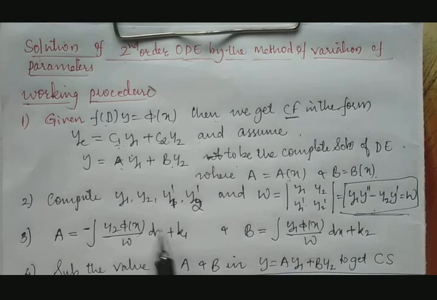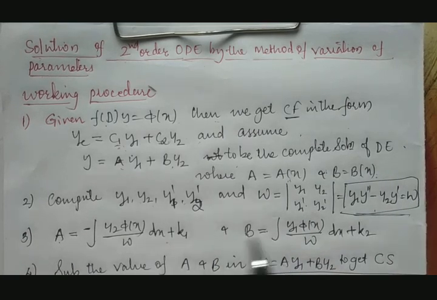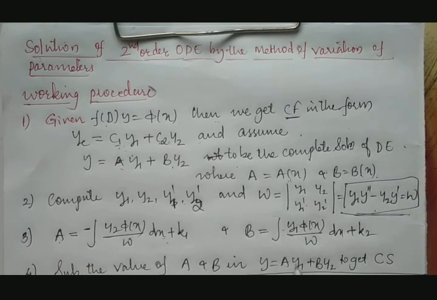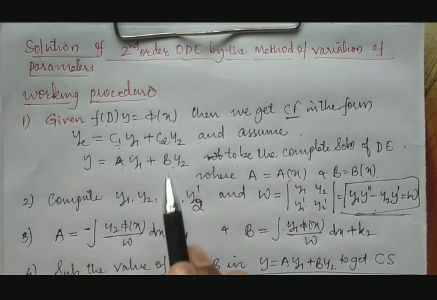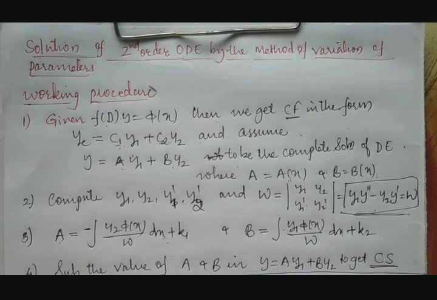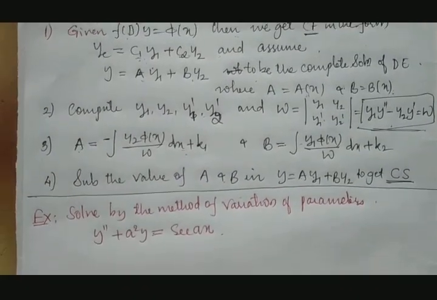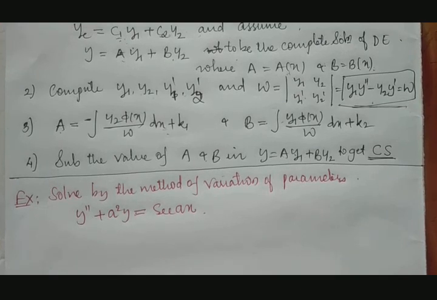Then substitute all these values in the formula of A and B and integrate, and we will get the values of A and B. Then these values are to be substituted in the assumed form of the complementary function, or complete solution, to get the complete solution. So this is the working procedure to obtain the solution.